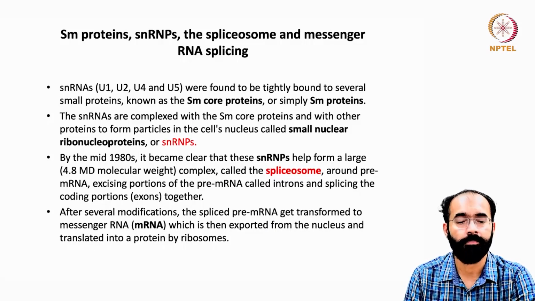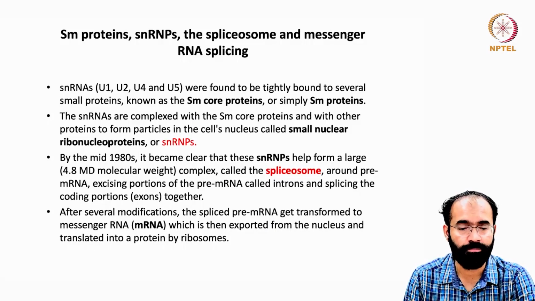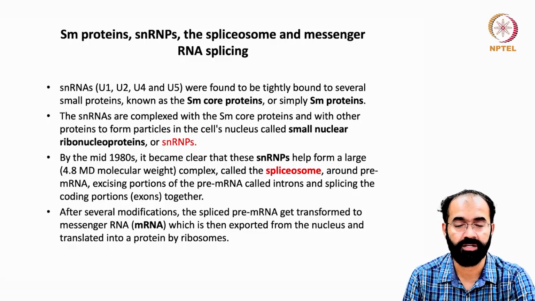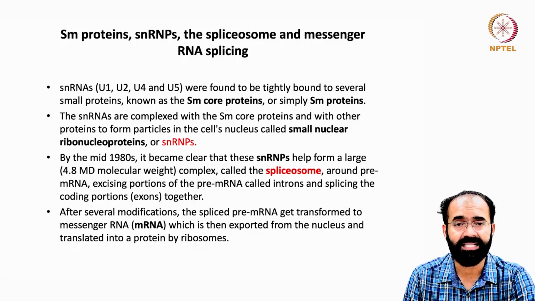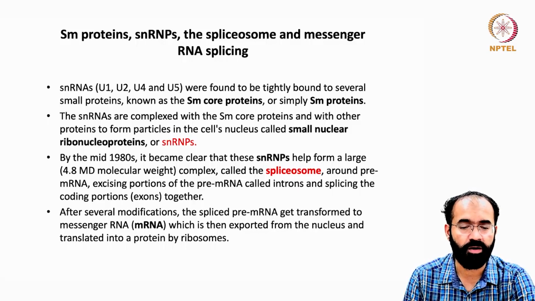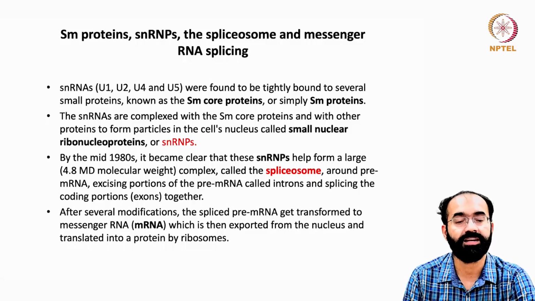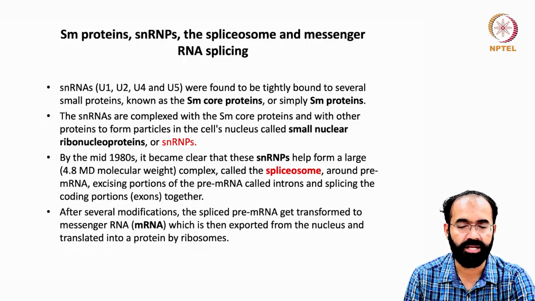Now let us see the involvement of SM proteins and snRNPs and their contribution in the assemblage of the spliceosome on the pre-mRNA. The snRNAs, we all know U1, U2, U4, U5 are the major ones, and are found to be tightly bound to several small proteins called SM core proteins, or simply SM proteins.